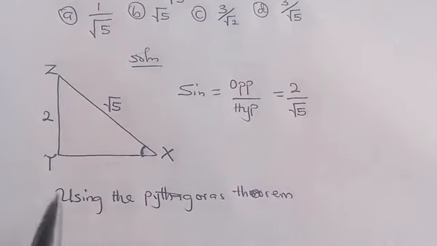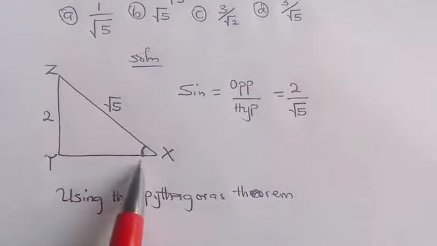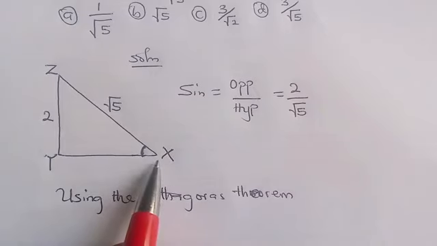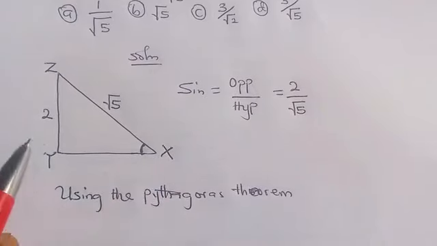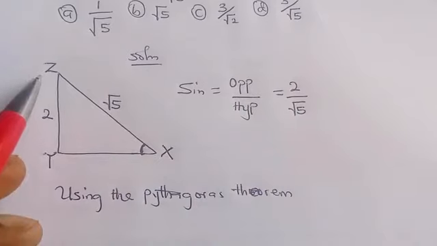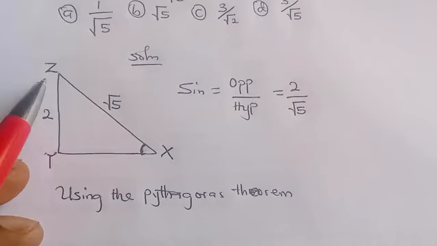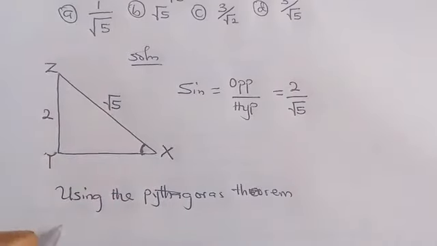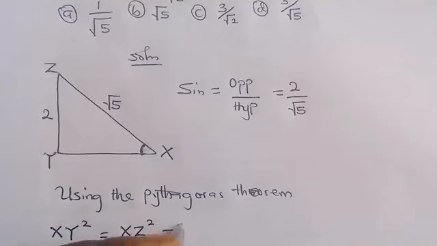Now, since it is the adjacent side that we are looking for, we are going to subtract the square of side yz from the square of side xz. That is, xy squared, this adjacent side, will be equal to xz squared minus yz squared.